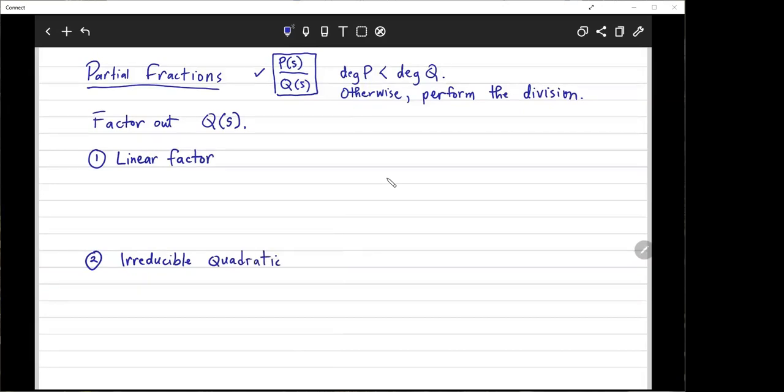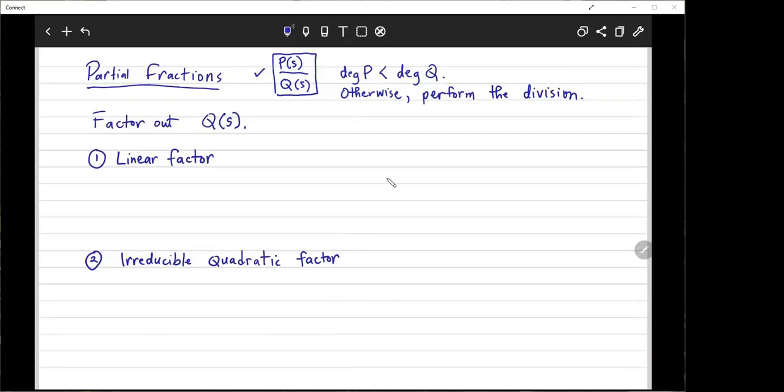Irreducible meaning hindi na factorable. Kasi meron tayong mga quadratic factors na factorable. So kung factorable ang ating quadratic factor, hindi siya papasok sa case 2. Dito siya sa case 1 papasok. So wala dapat, for example, factor of degree 3. So kung meron kayong expression of degree 3 dyan, then pwede ba siyang ma-factor into a combination of linear or quadratic factors.